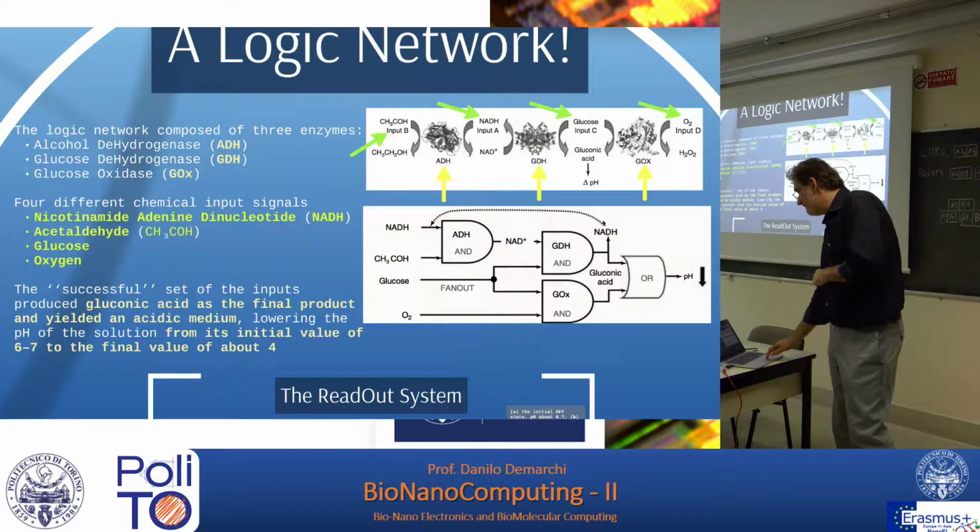At the end, it produces an acid, gluconic acid. From the other side, if I have oxygen and glucose, I produce again gluconic acid. So the two exits are in OR, because I can have a production of gluconic acid from this path, or I can have it from this other path.